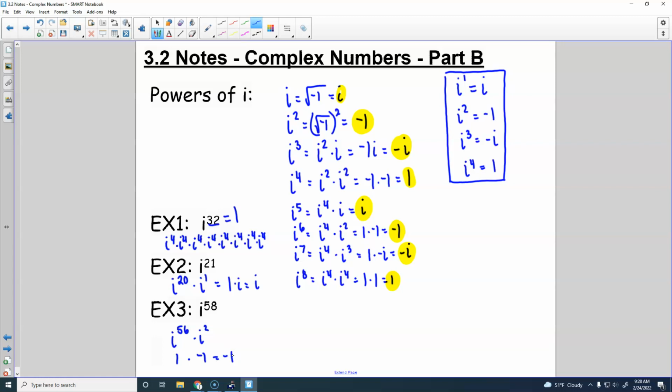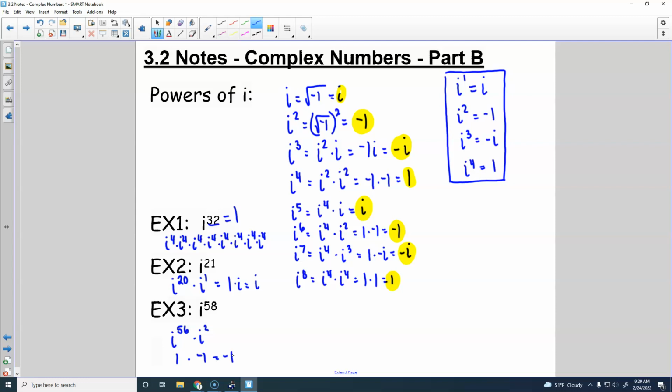So if you have a problem like this where it's i to a certain power, your answer is either i, negative 1, negative i, or 1. You have to work out which one that would be. Always check first to see if it's divisible by 4.